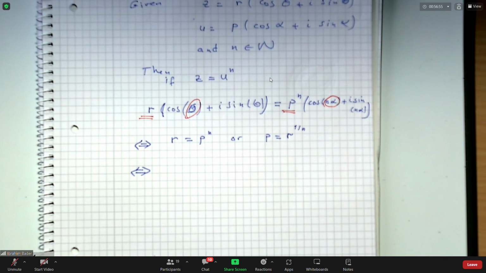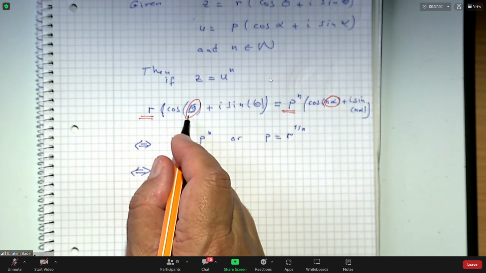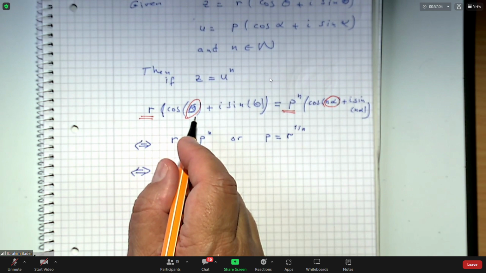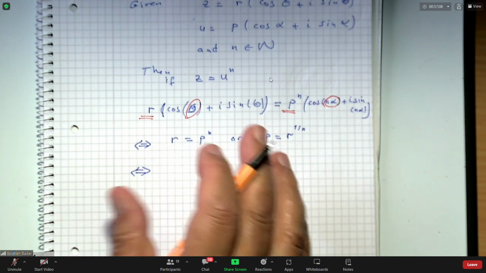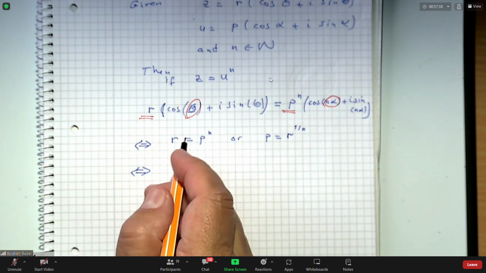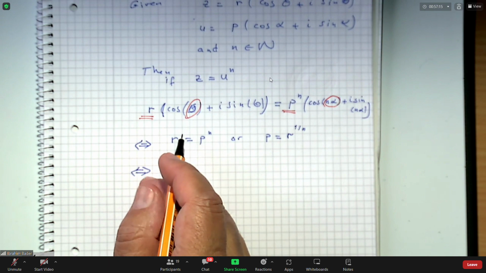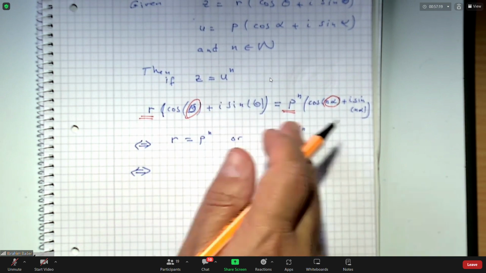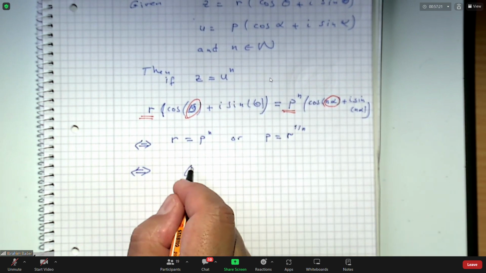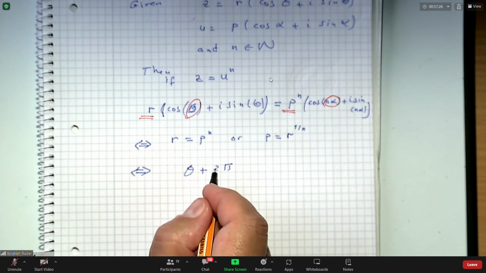But because the trigonometric functions are periodic, theta plus 2 pi is again the same as theta, so it's not only one solution there. Theta plus any multiple of 2 pi will solve this equation. So that's why it's not only theta, but 2 pi times any k.